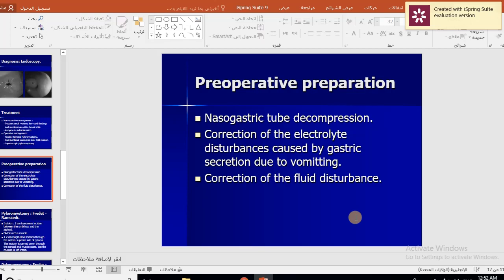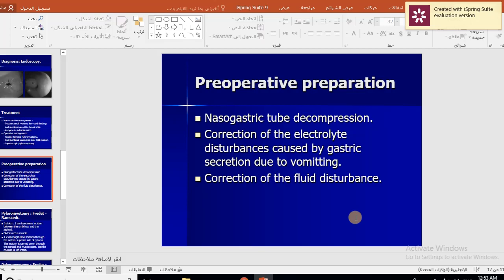The IV fluids must be given as a bolus for 1-2 hours, then there must be re-evaluation of the patient for dehydration and another electrolyte test within 3 hours. Then when the electrolytes are stable, we can do the patient's surgery.